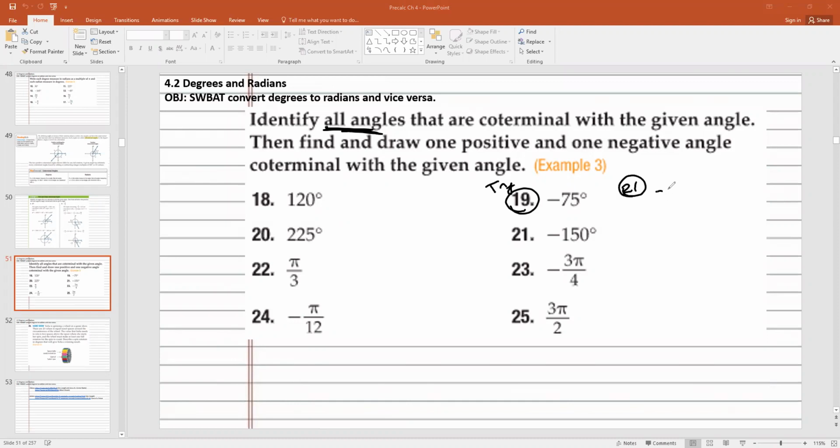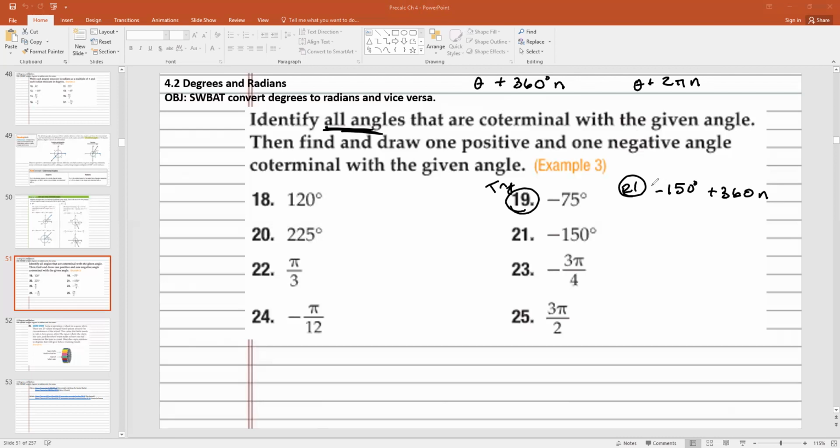Okay, so negative 150 degrees. So you're either going to add 360 degrees times n, or the angle plus 2 pi times n. So here I'm going to do negative 150 plus 360n.